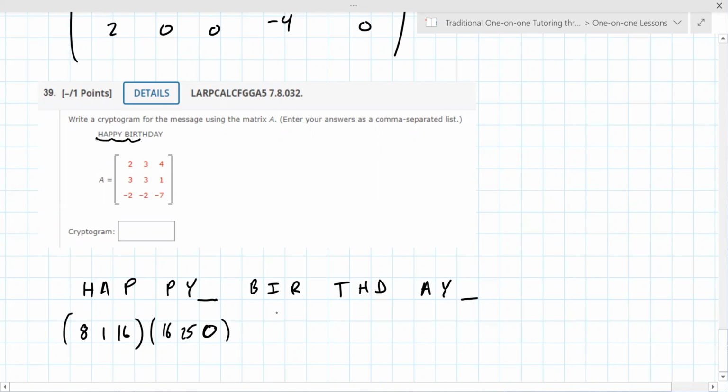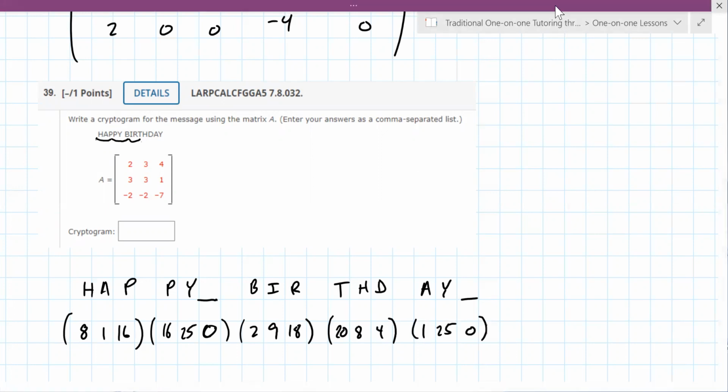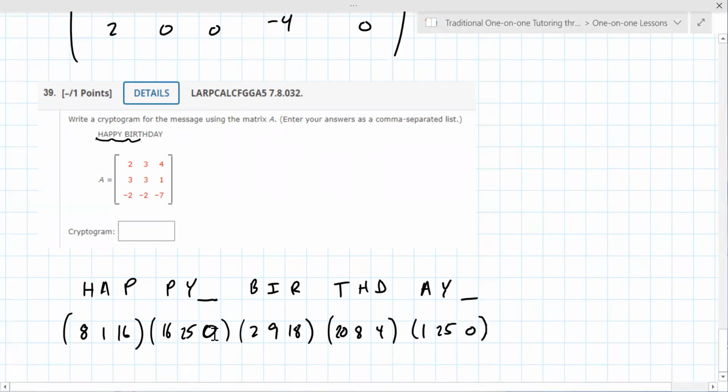And then B is 2, I is 9, R is 18, T is 20, H is 8, D is 4, A is 1, 25, and 0. So the next step is to take each of these and multiply them by the A.